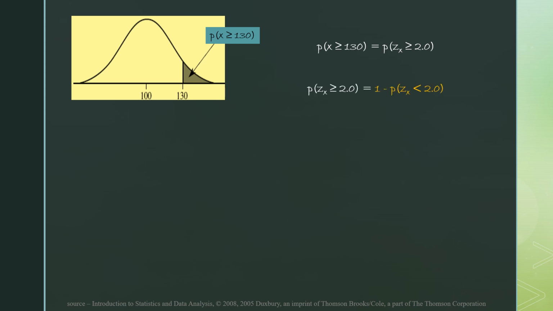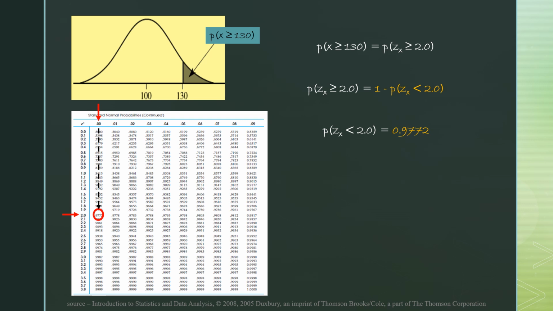The probability of z of x greater than or equal to 2.0 equals 1 minus the probability of z of x less than 2.0. The probability of z of x less than 2.0 equals 0.9772 from the z table. Hence, the probability of z of x greater than or equal to 2.0 equals 1 minus 0.9772, which equals 0.0228, which is 2.28%.